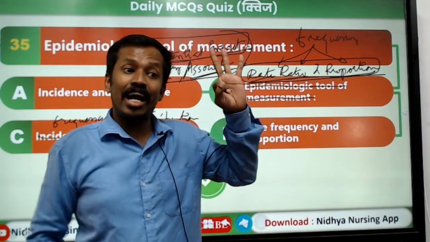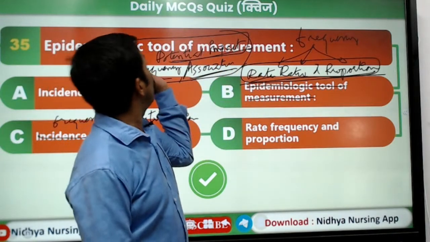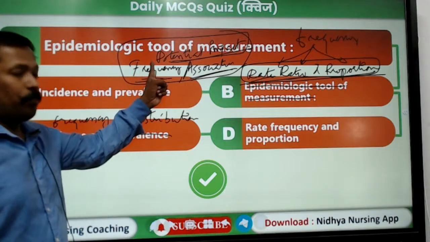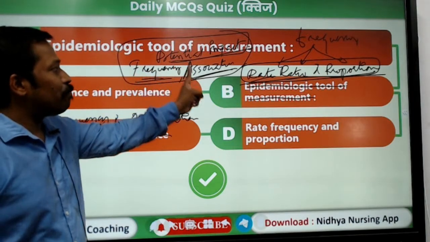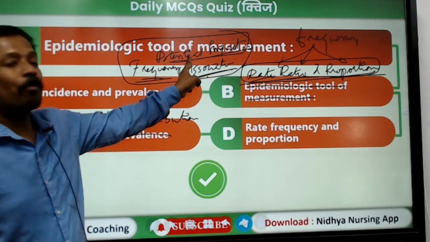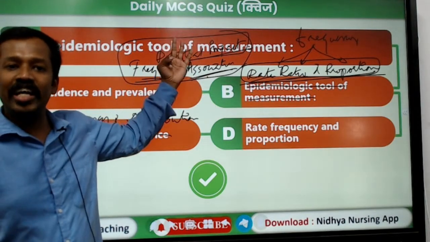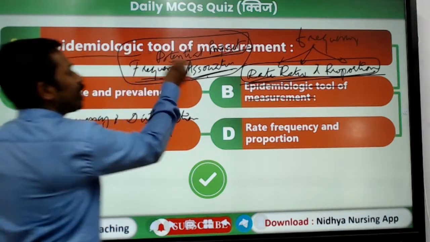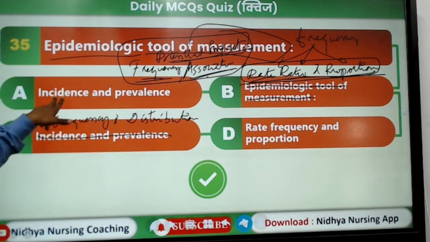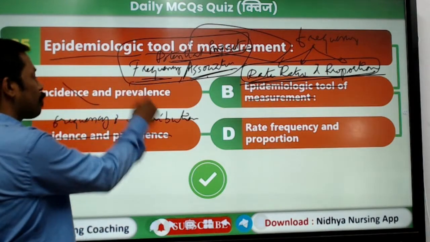What are the types of epidemiological tools of measurement? Frequency, association, potential impact. These three are the epidemiological tools of measurement. Incidence is not, prevalence is not.